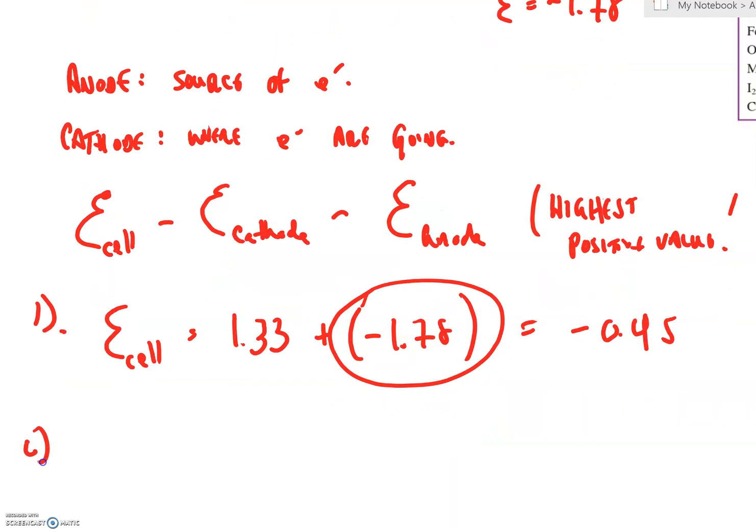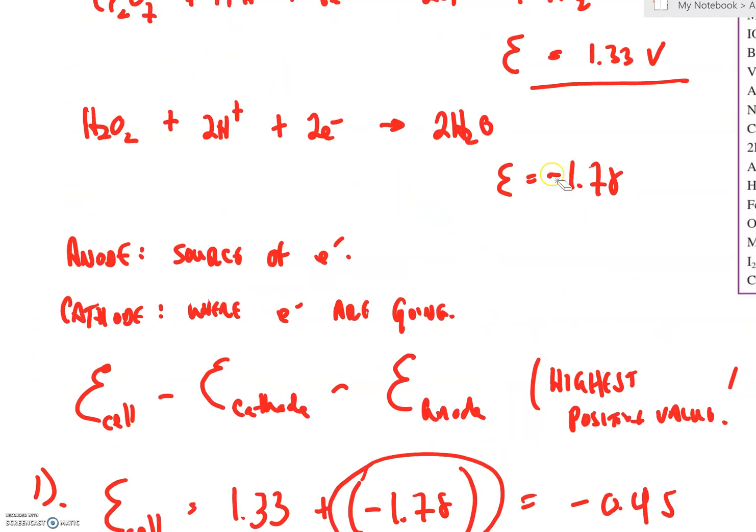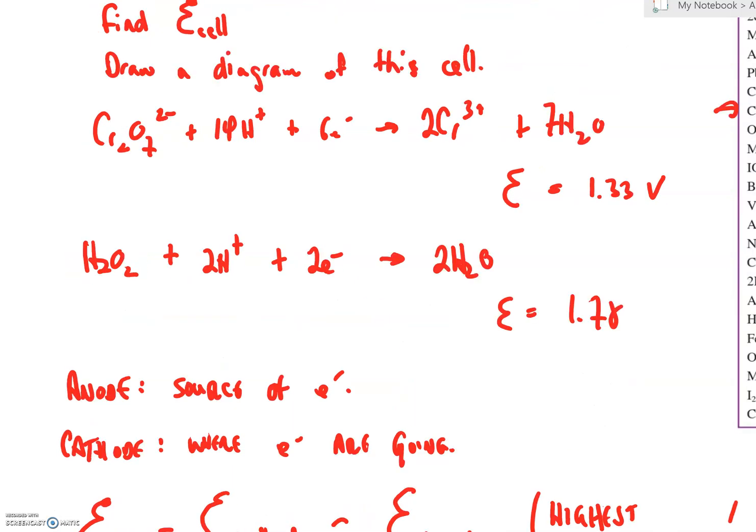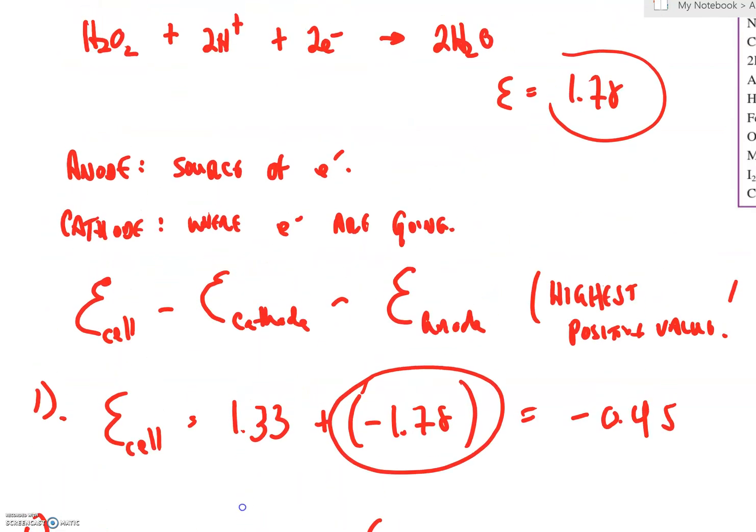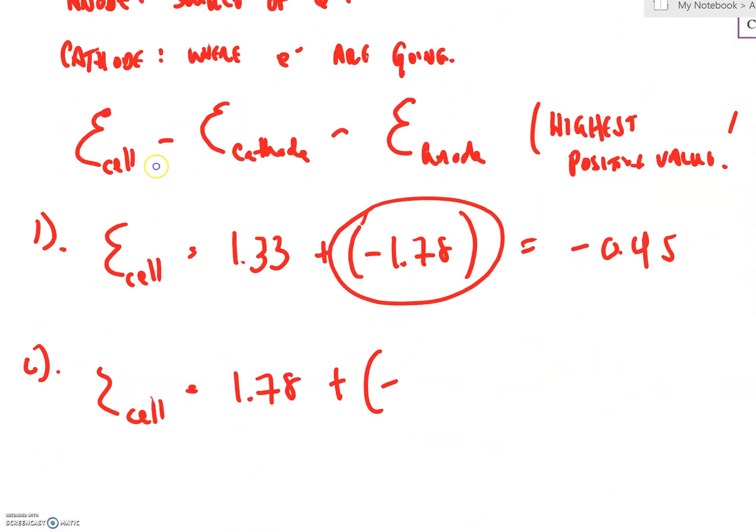The other way we could do it is if we make this the cathode and make that the anode and flip that one. So that would look like this. E cell is going to equal 1.78, we're going to add minus 1.33.